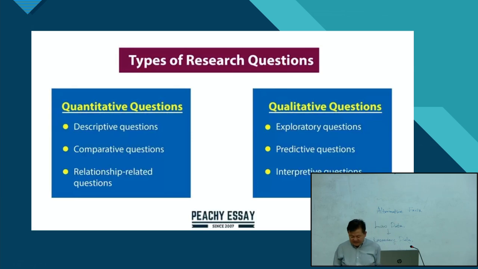And next: what are the different types of research questions? There are two basic types. One is quantitative questions. The other is qualitative questions. Research questions can be categorized into quantitative, qualitative, and, as some books say, mixed method, which mixes quantitative and qualitative.